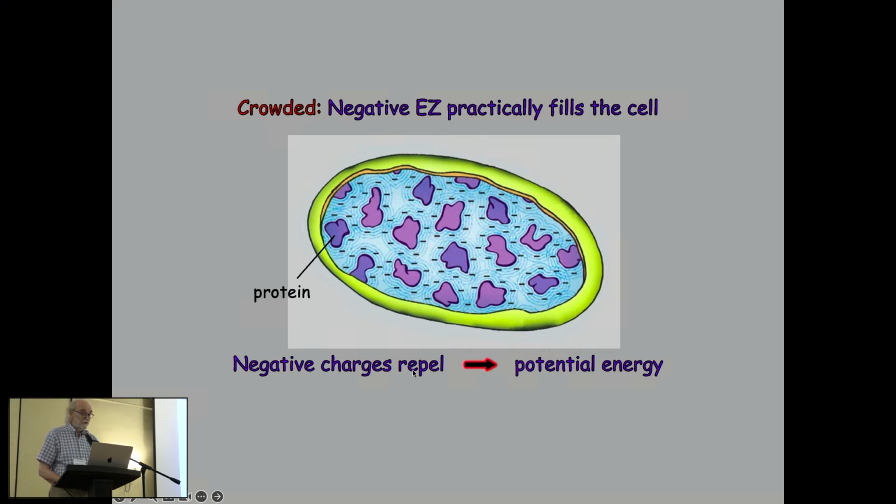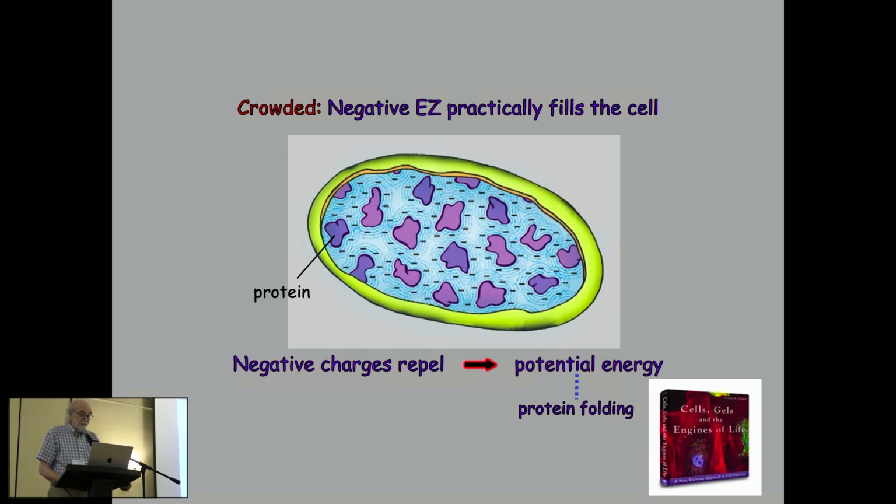The negative charges repel one another. They want to get away from each other as much as possible, and that constitutes potential energy. And that potential energy is used to drive protein folding, which is essentially what drives pretty much all the processes that are undertaken by the cell.